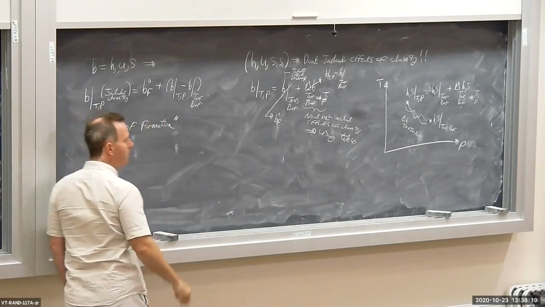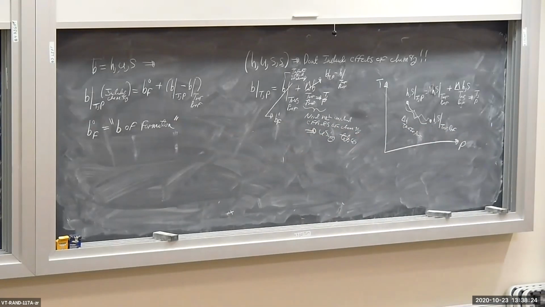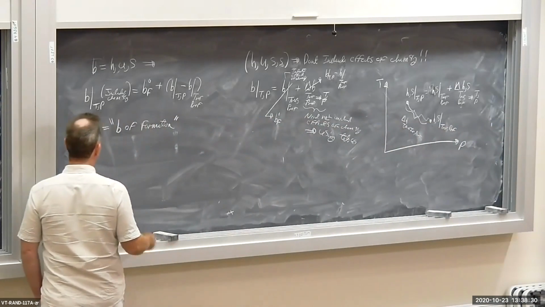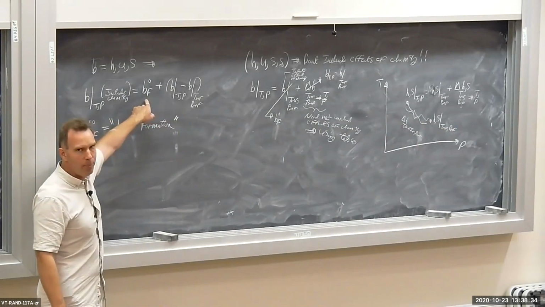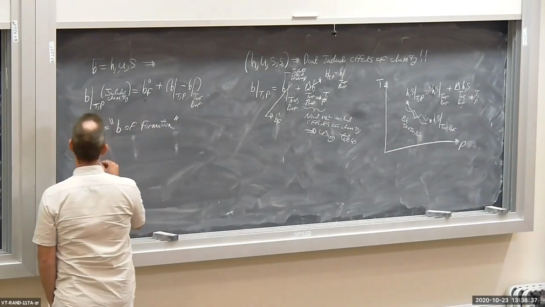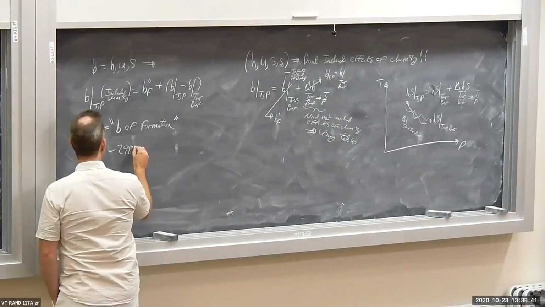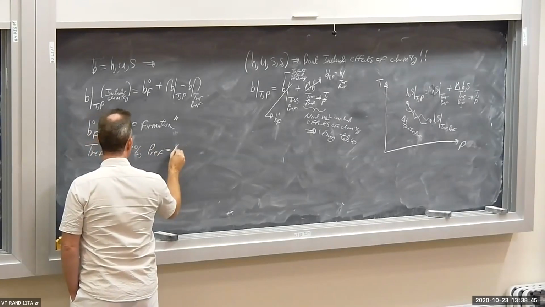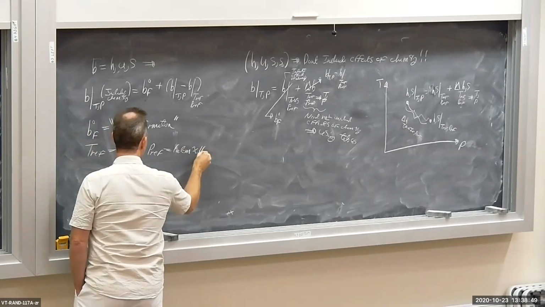It could be enthalpy of formation, it could be entropy of formation, it could be internal energy of formation. And the reference temperature and pressure, the way these things are measured in the laboratory, are 298 degrees Kelvin, and the reference pressure is 1 atmosphere, which is approximately 1 bar.